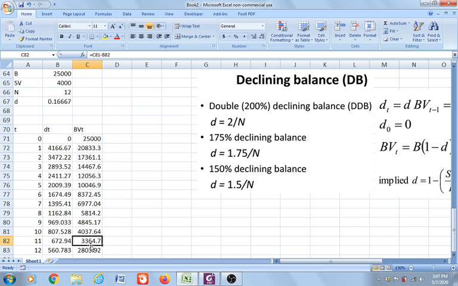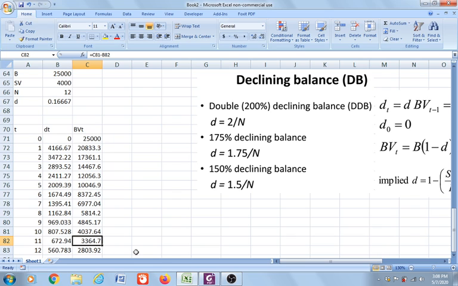We have to set the book value of that asset in year 11 equal to 4,000, because in year 10 it is more than 4,000, and in year 11 it starts to be lower than 4,000. So we have to set the book value equal to its salvage value.